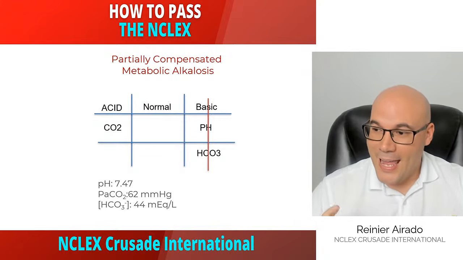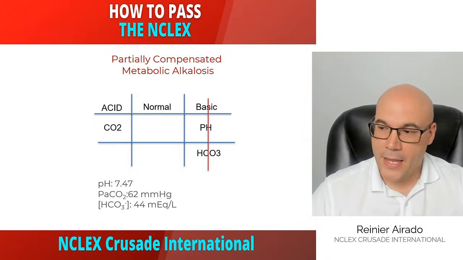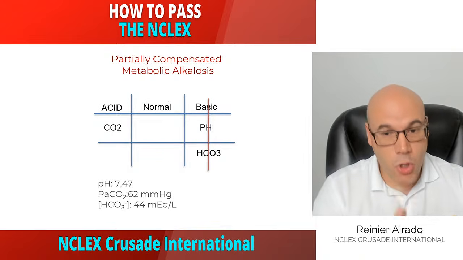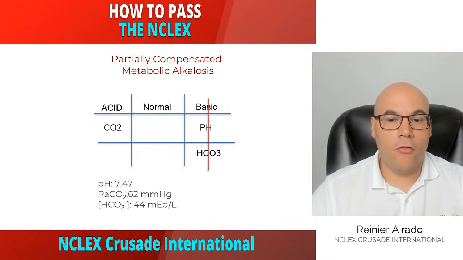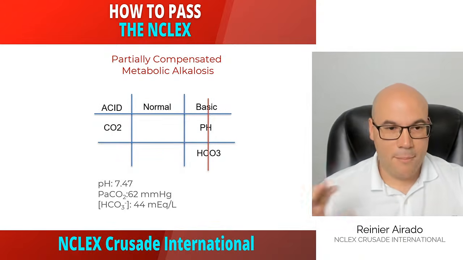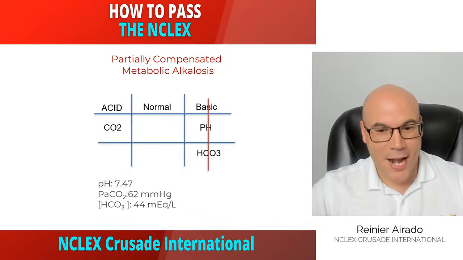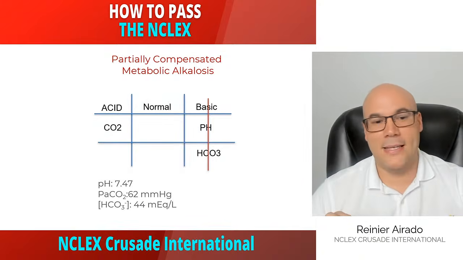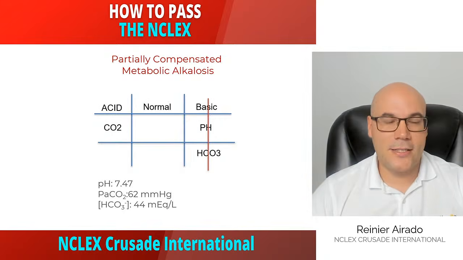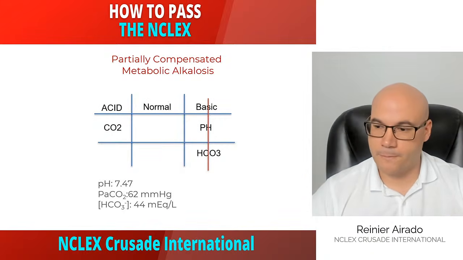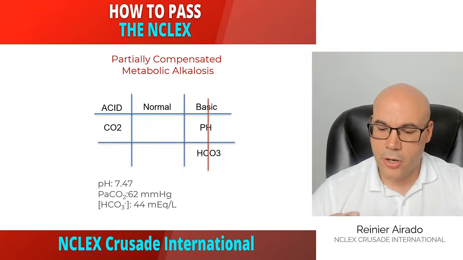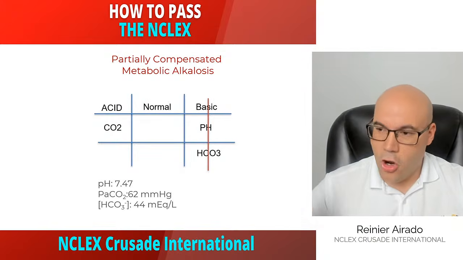You see, in this same scenario, if the pH was normal, then it would be fully compensated. But that is another scenario to practice, and we will practice that scenario on this YouTube live training as well. But I want to make sure that you're understanding this.